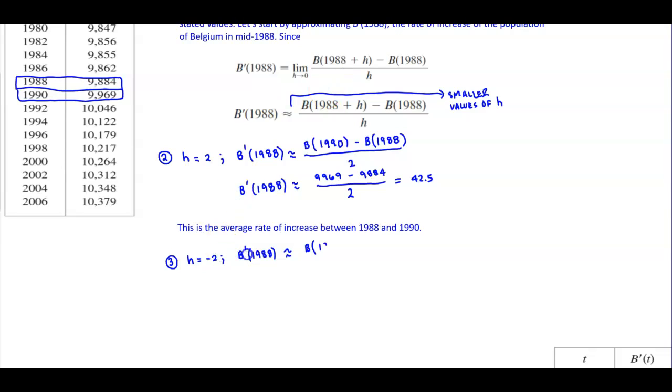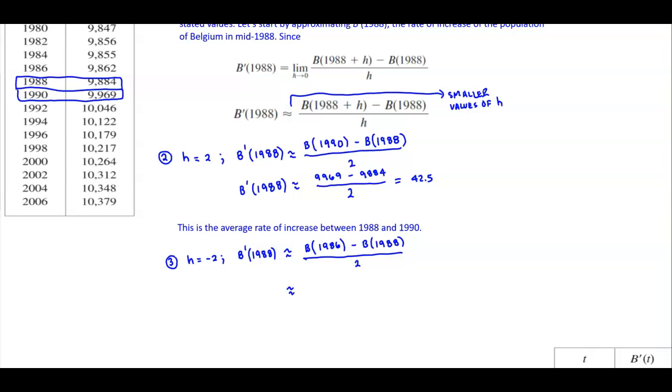So that's going to give us 1986, minus b of 1988, and then divide that by 2.